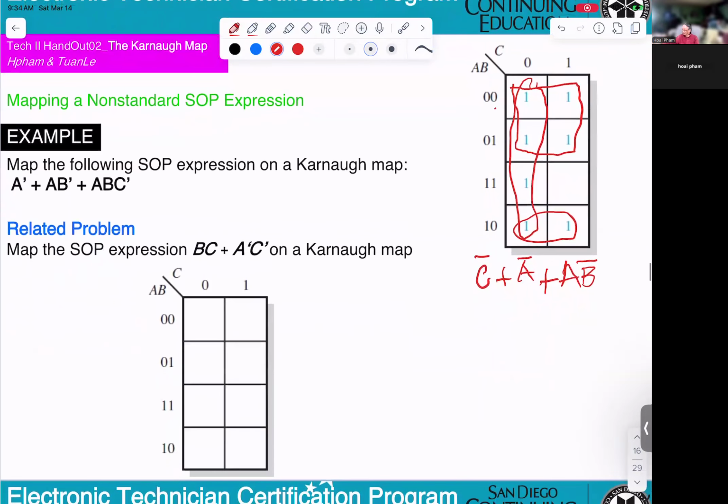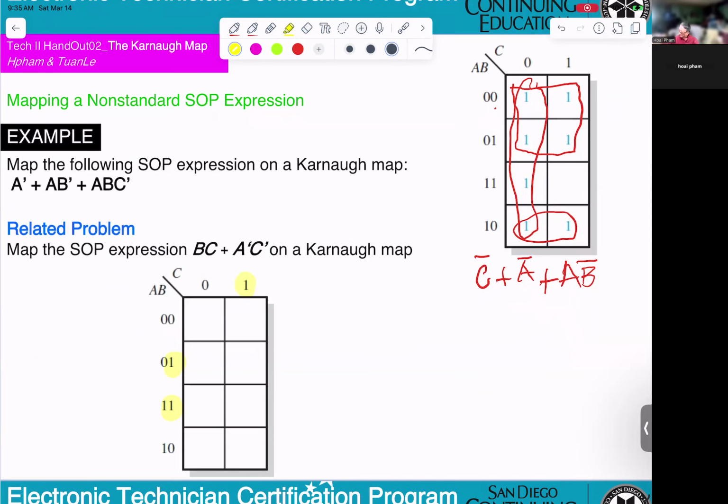Now they want you to try the sum of product. BC, let's see, B here. So basically you get B, C here.